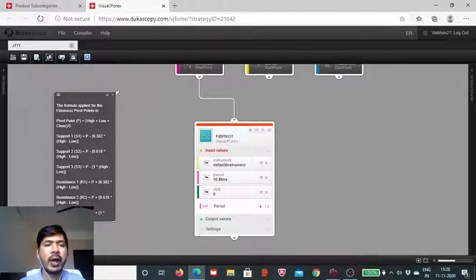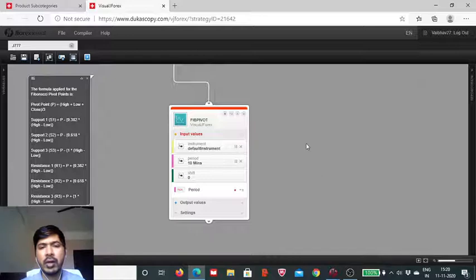And then to figure out the support and resistance levels, we use the Fibonacci ratio, and that's why this pivot point is called the Fibonacci pivot point. As per this calculation, we get the first support, second support, third support, and in case of resistance we have 3 resistance levels: resistance 1, resistance 2, and resistance 3.